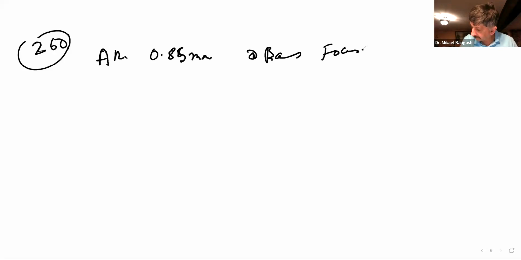Clear? Now, what is the closest estimate of the system's radial resolution at a location 5 centimeters deeper than that focus?